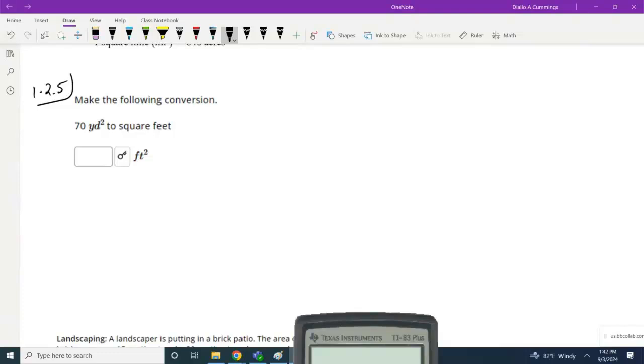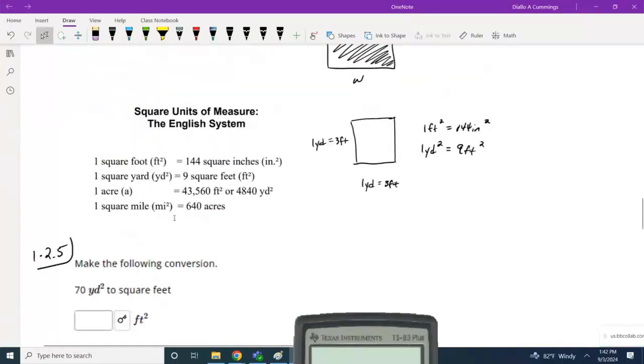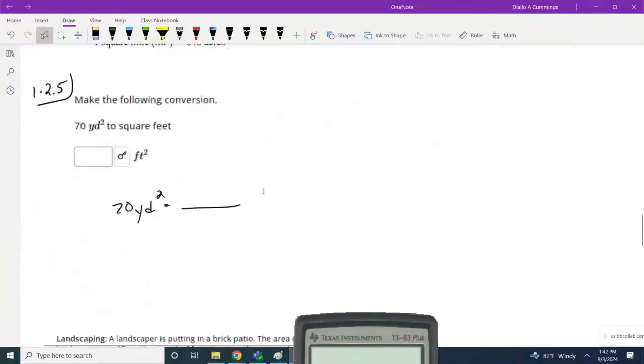It says make the following conversions: 70 square yards to square feet. So I'm going to use the unit fraction. So 70 square yards. So if we go back to our conversions, 1 square yard is equal to 9 square feet. So I'm going to put square yards in the denominator, square feet in the numerator.